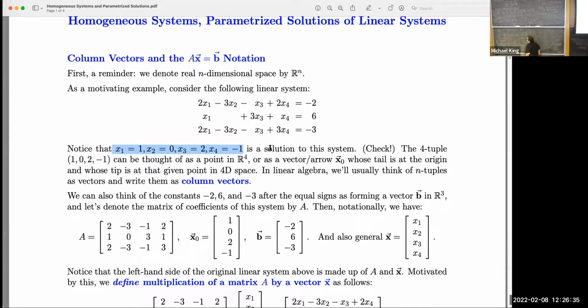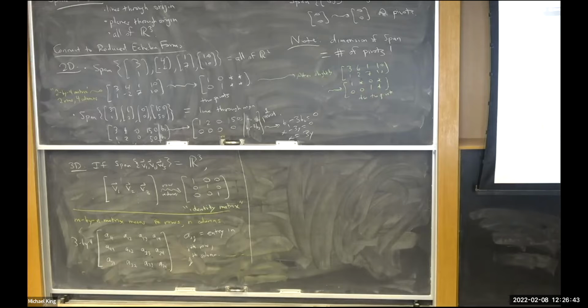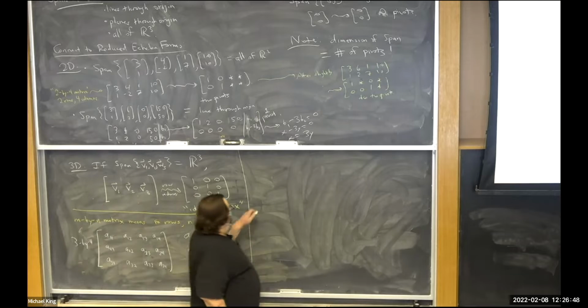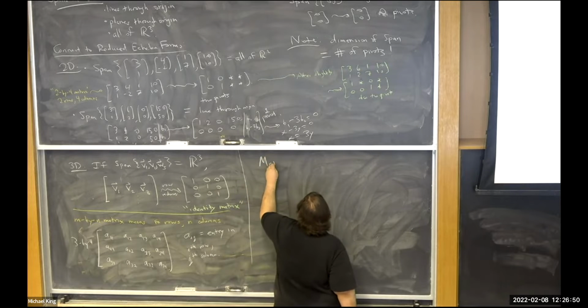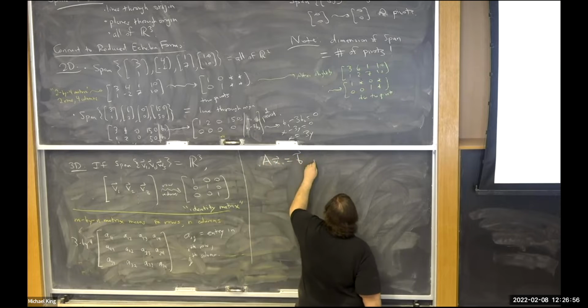Let's talk about matrix vector notation. I'm going to basically be saying the things that are on the screen. So we have AX equals B notation.